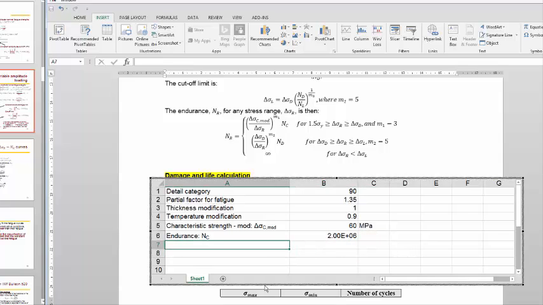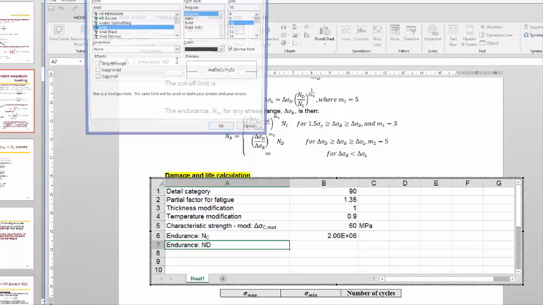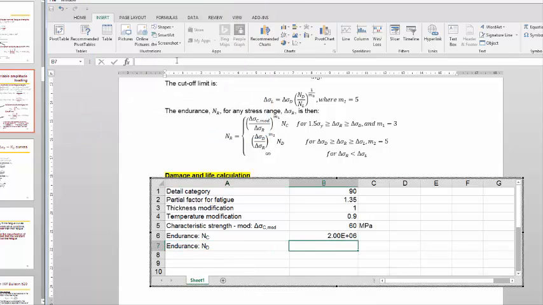The next factor that we need is the endurance at the constant amplitude fatigue limit, and the endurance at that point is equal to 5 million cycles.